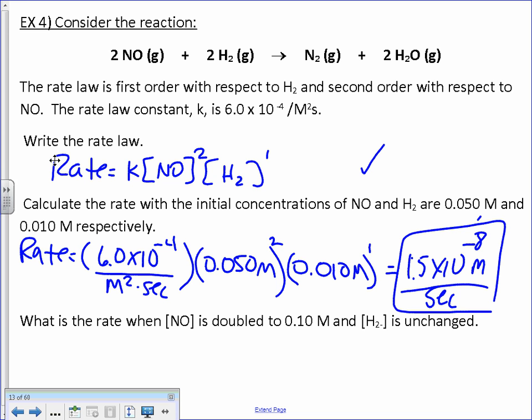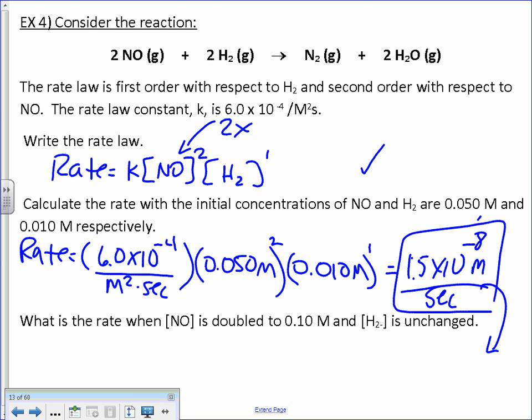What is the rate when NO is doubled and hydrogen gas is unchanged? Do you have to plug this into a rate law? No, you can do it from concepts, right? So if nitrogen monoxide is doubled, what should happen to the rate? Quadruple. It should quadruple because if the NO is to the second power and you double it, it's actually doing 2 to the second power, which should quadruple.